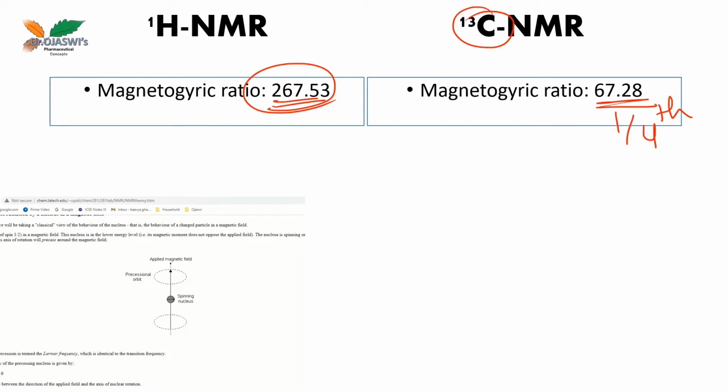Now why am I saying that? If you remember the Larmor frequency, nu equals the magnetogyric ratio over 2 pi, times B0. B0 is the magnitude of the external magnetic field. This nu is the precessional frequency, or Larmor frequency.